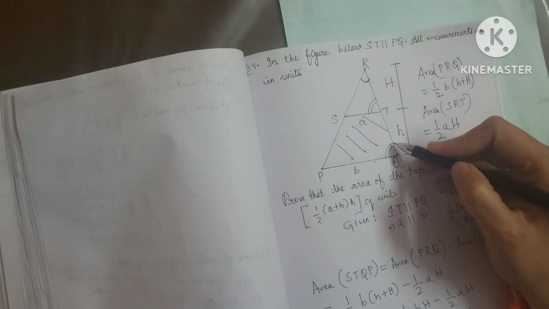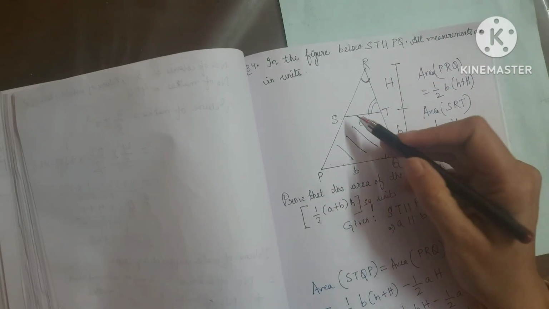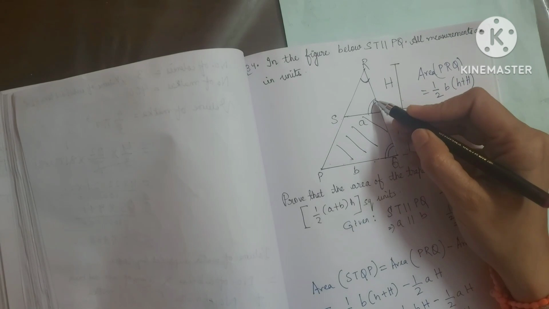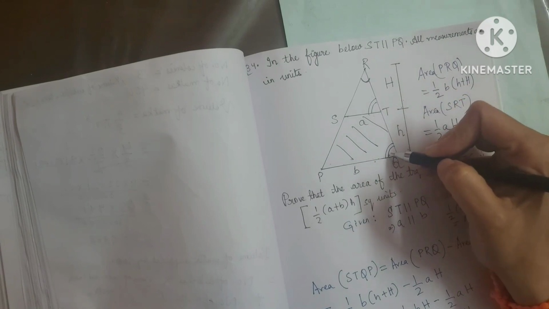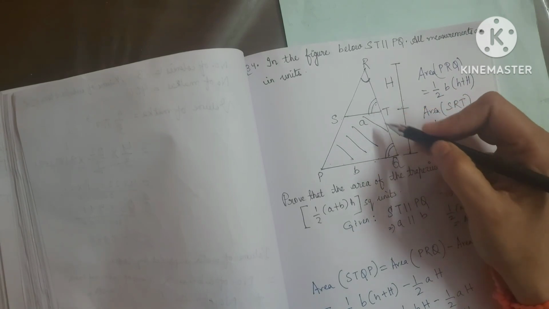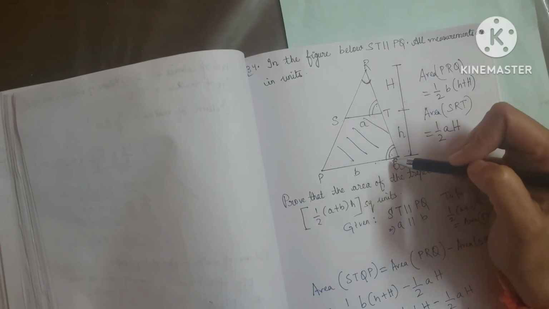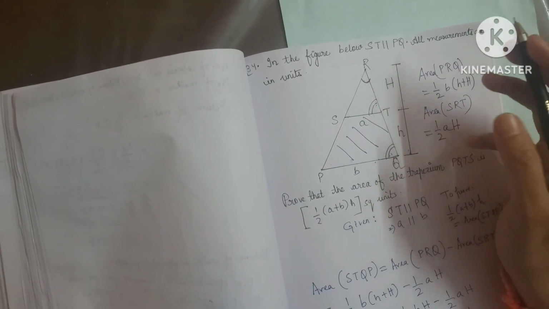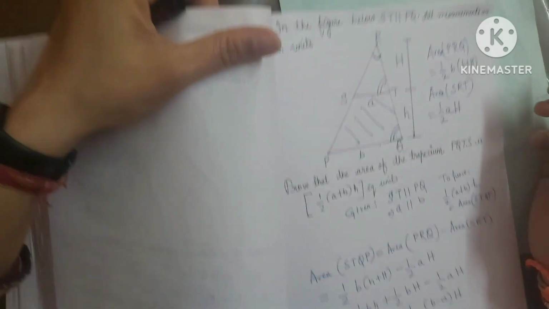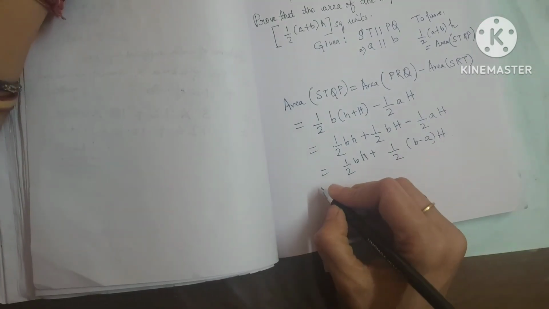RQ is acting like a transversal, and PQ and ST are parallel. So the corresponding angles are the same. So now one angle is common and two corresponding angles are equal. So let's write that down.